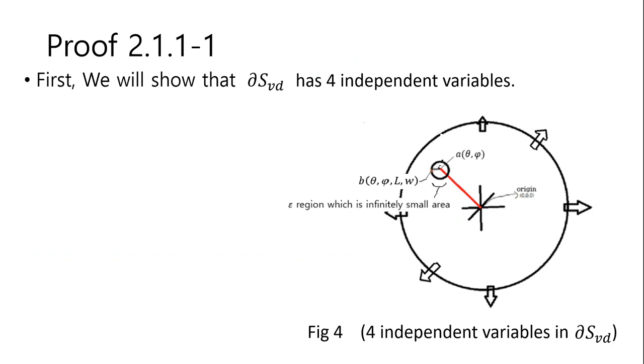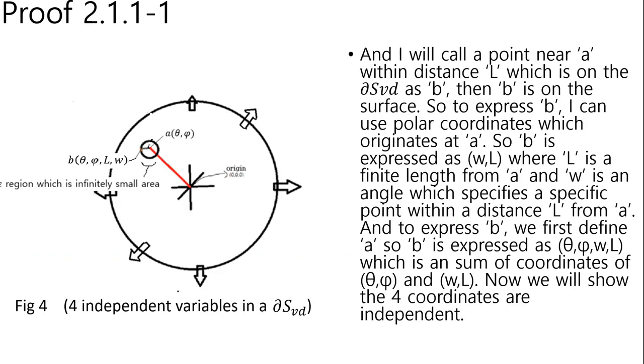First, we will show that ∂S_3^D has four independent variables. I will call a point near A within distance L, which is on ∂S_3^D, B, so B is on the surface. To express B, I can use polar coordinates which originate at A. So B is expressed as (omega, L), where L is a finite length from A, and omega is an angle which specifies a particular point within a distance L from A. To express B, we first define A, so B is expressed as (theta, phi, omega, L), which is a combination of the coordinates (theta, phi) and (omega, L).